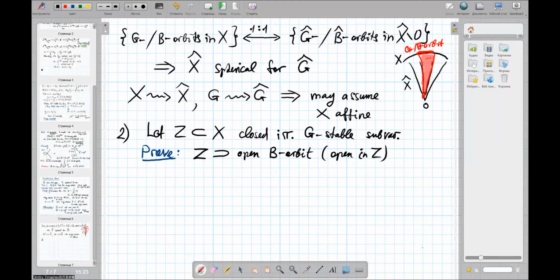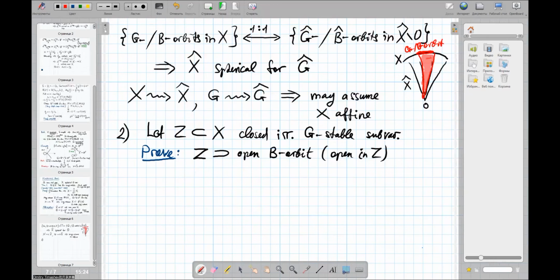But I can say that the statement basically says that Z is a maybe non-normal spherical variety. Okay, so how to prove this? Yes. The statement is equivalent to Z is spherical, right? Exactly. But maybe non-normal, because I have to be careful here, because I assumed at some point that all my spherical varieties are normal.